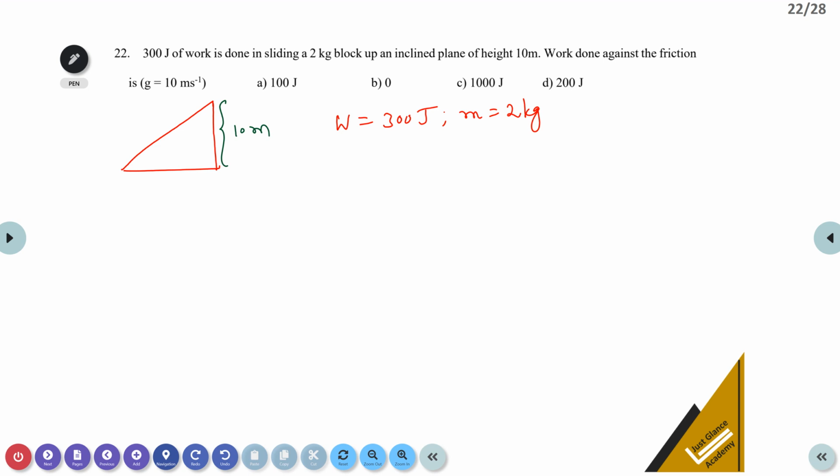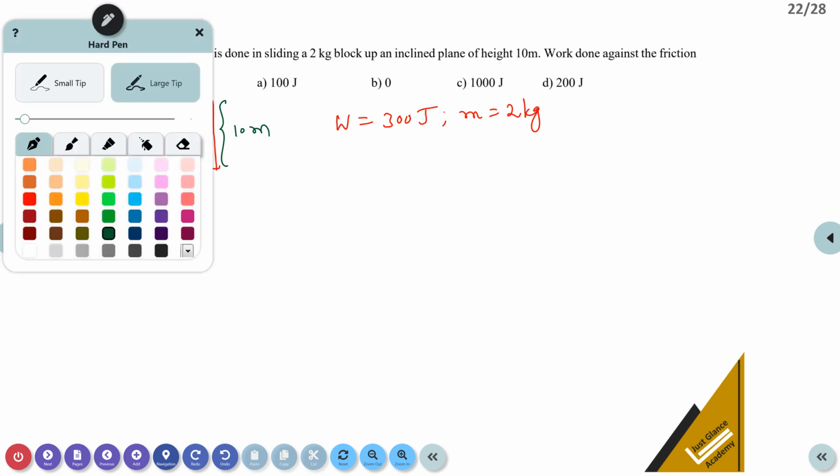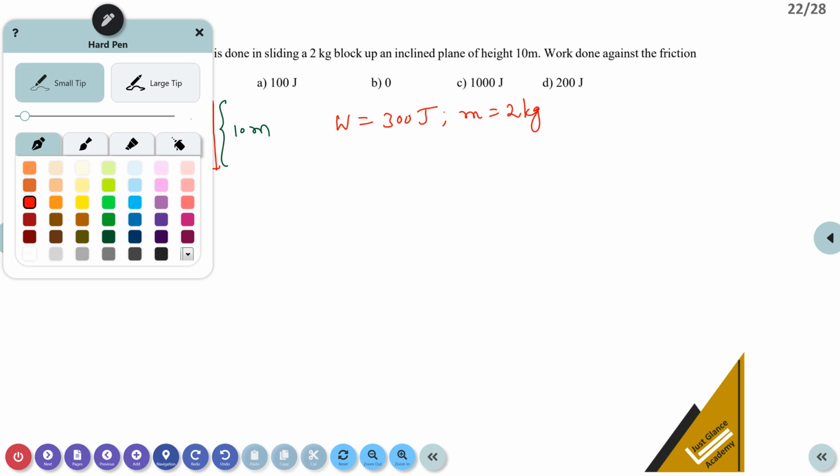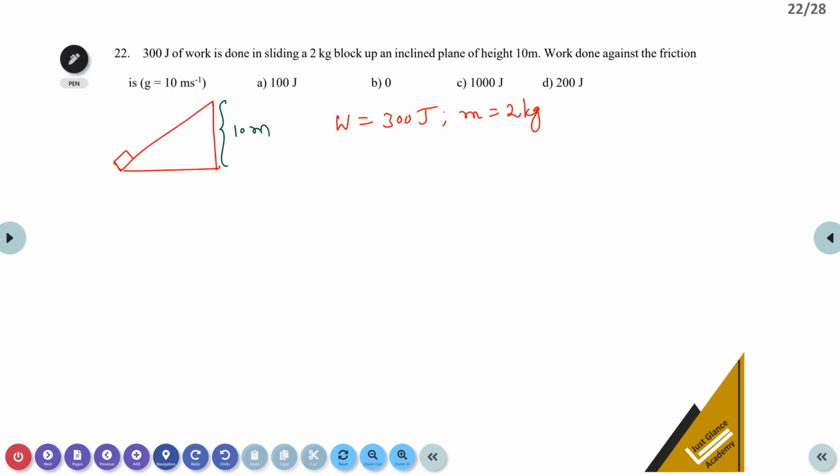But you are shifting the object from this point to this point. This is the angle theta, students. Now, let's do it.